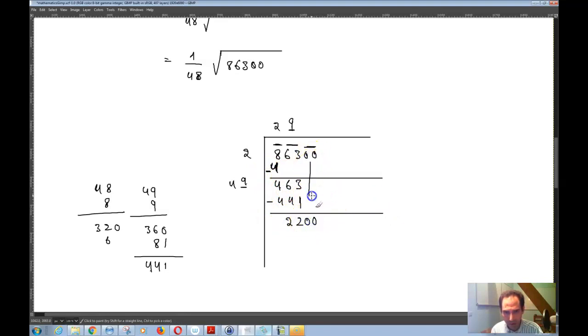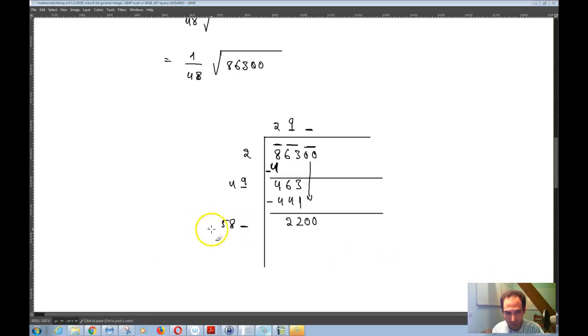Get 2 zeros down here, and then you want to add 9 to 49. So 49 plus 9 is equal to what? 58. So you write the 58 over here, and you need another digit here, another digit here. So for example, you want to get 2,200, so it must be something around 3 probably. So 583 times 3, that's something around 1500. 240, and that is a 9, let's say.